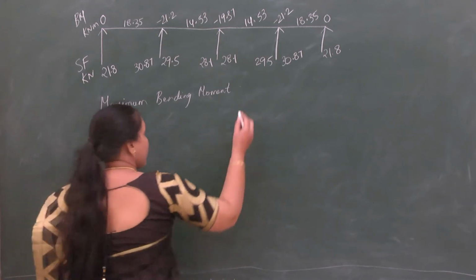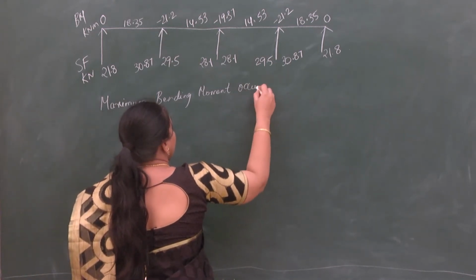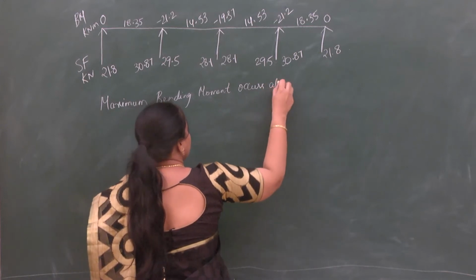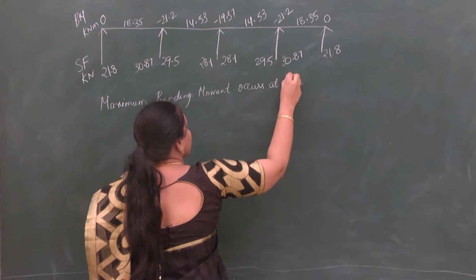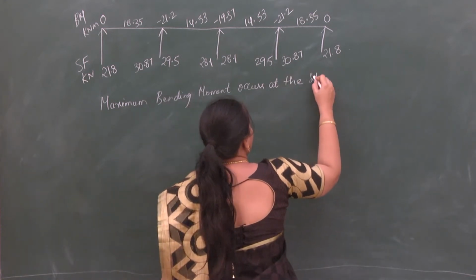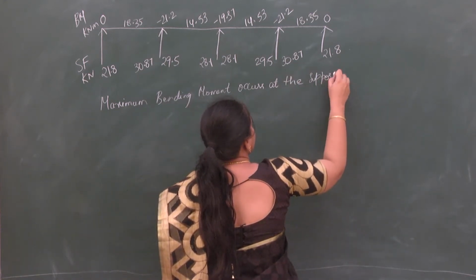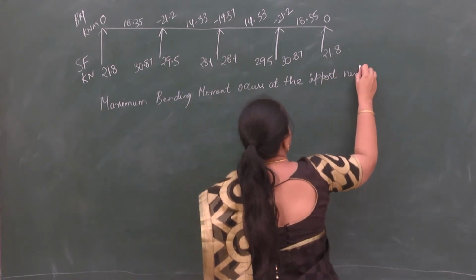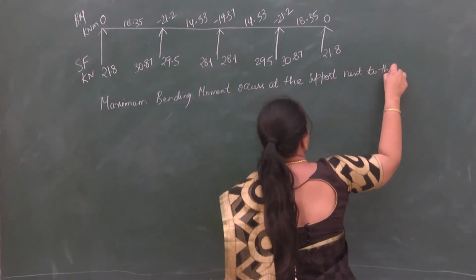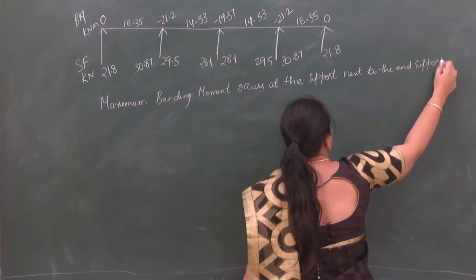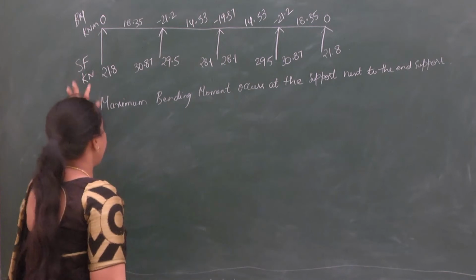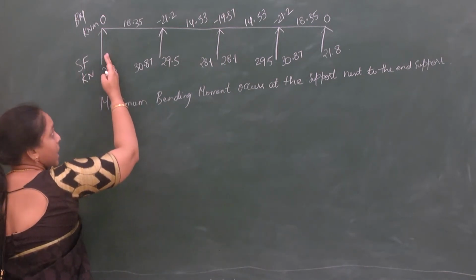So the maximum bending moment occurs at the support next to the end support. So here, this is the end support. Where is our maximum bending moment?